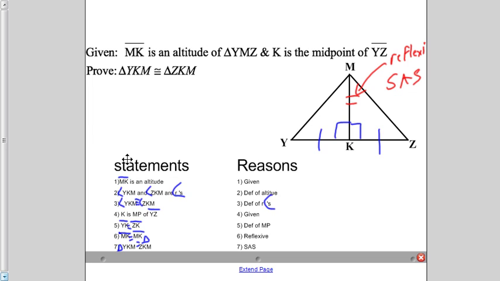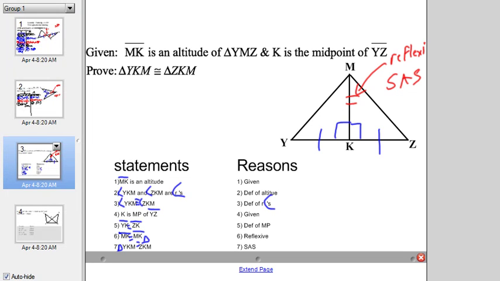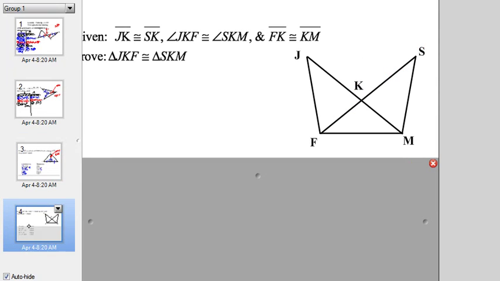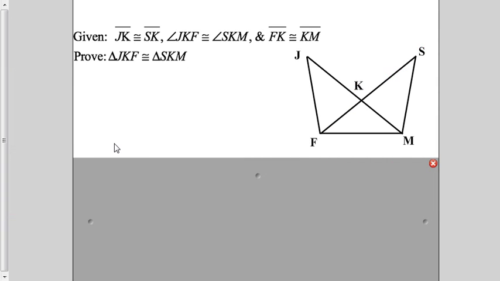The next one you're going to do completely on your own. You're going to have one more that you do completely on your own. Okay, here we go. You're given JK is congruent to SK.